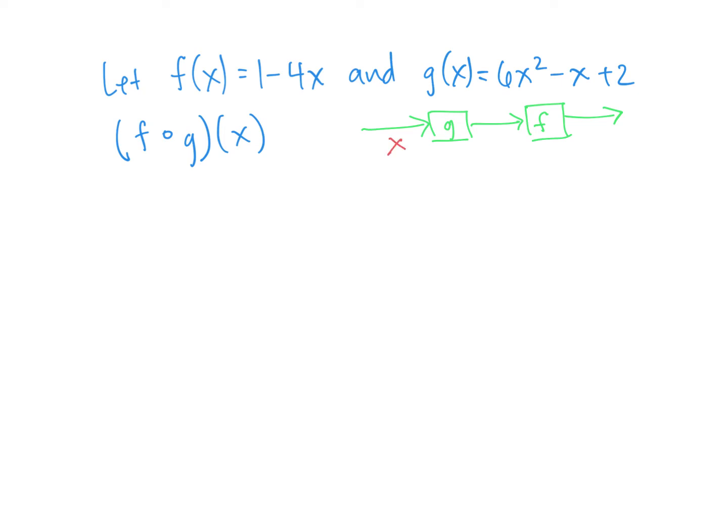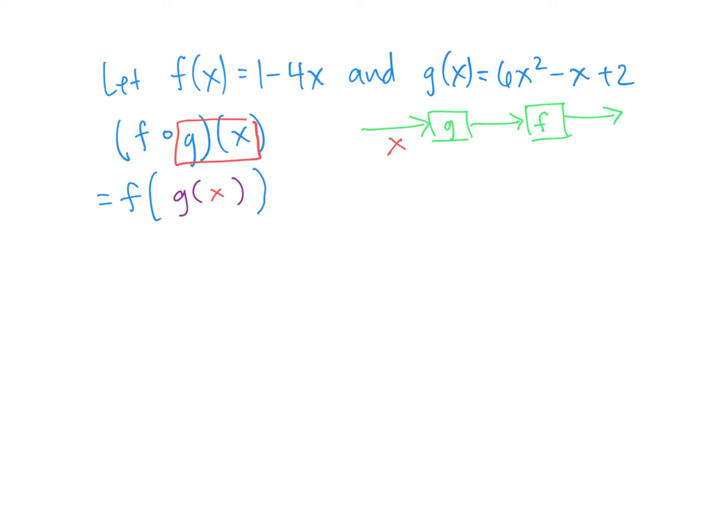Okay, analytically, if I write this down, since f is going to follow g, we're eventually going to do f evaluated for something, but I'm going to get it ready. What am I going to plug into f? I'm going to plug this into f, whatever g of x is. So that is g of my input x.